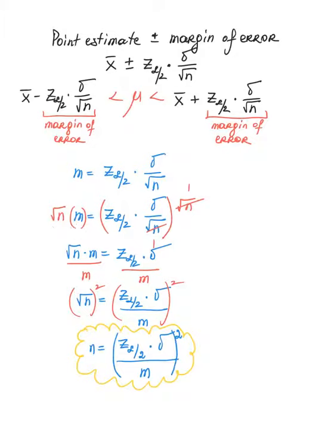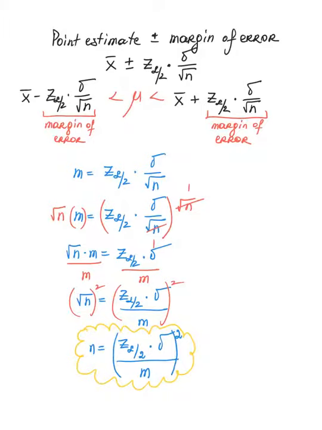Again, remember, my goal is to get n alone, so I'm going to remove m from there by dividing by m on both sides of the equation. Here, m over m reduces and leaves me with square root of n. On the other side, I have now a fraction, z sub alpha over 2 times sigma divided by m.